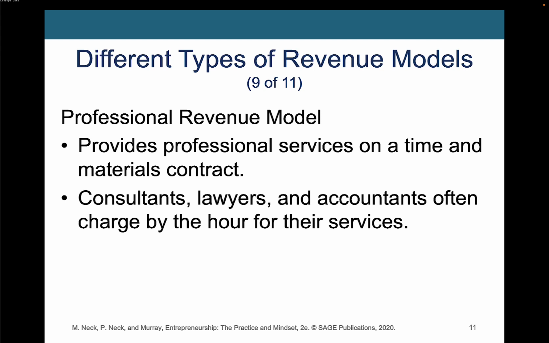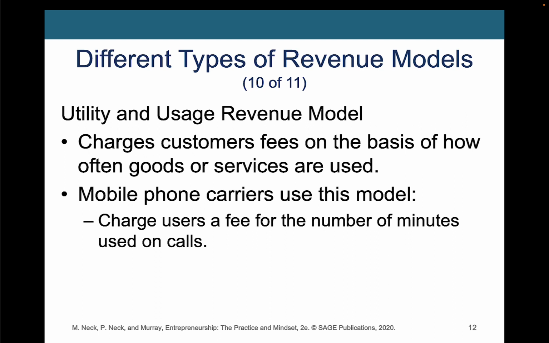Professional revenue model provides professional services on a time and materials contract. So think consultants, lawyers, construction workers, accountants, charging by the hour for their services. Utility and usage. Think of the electric companies, right?